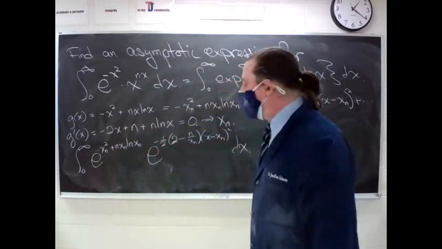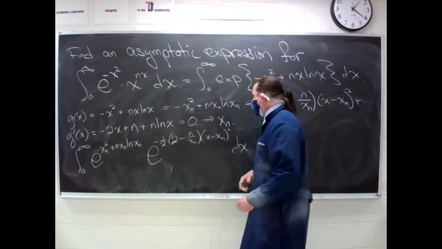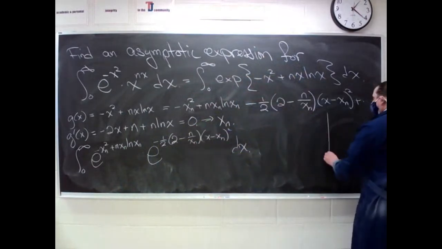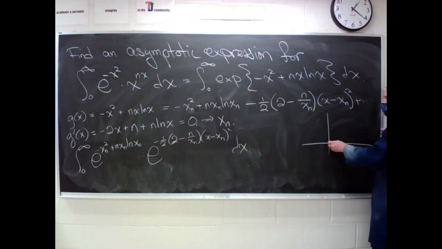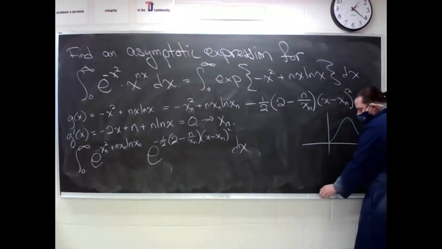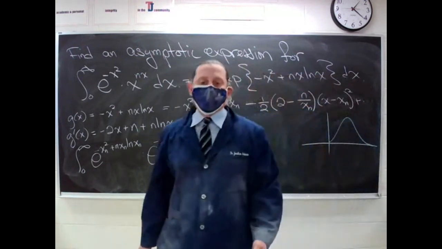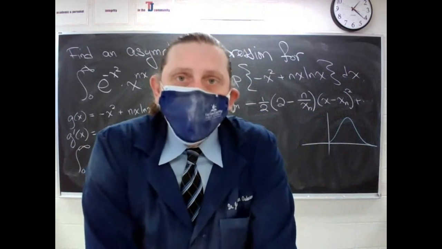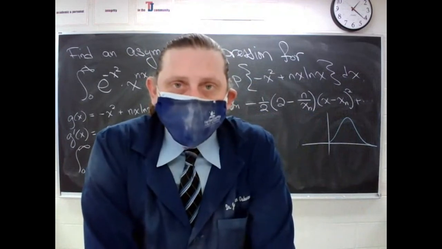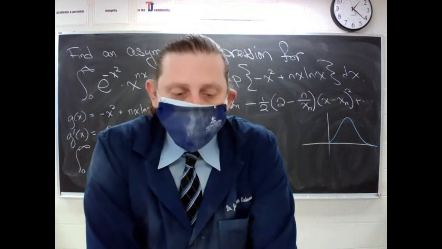Goes out front. This piece, I'm only integrating from 0 to infinity. I'd rather integrate from negative infinity to infinity, because then I could do a trivial shift, u equals x minus xn, and it'll become a Gaussian integral, and we can complete it real easy.